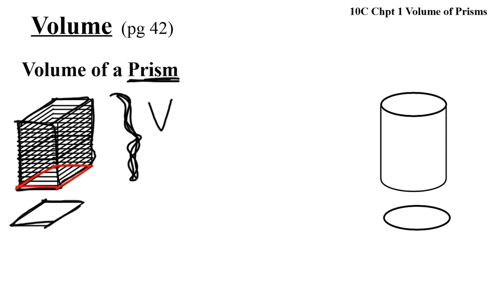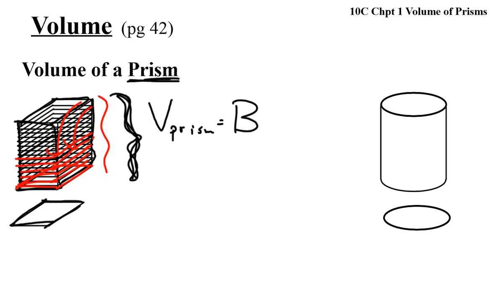So the volume of a prism is based on the base of the shape. And then we took that base and stacked it over and over onto itself. You stack and stack and stack, and it gets the third dimension.